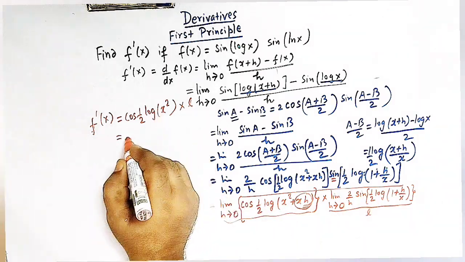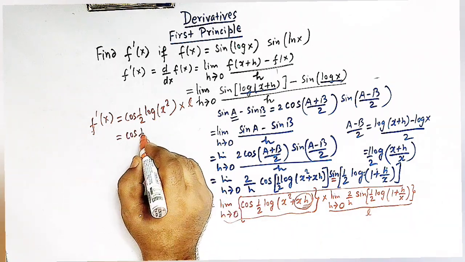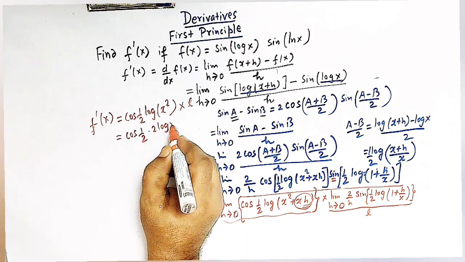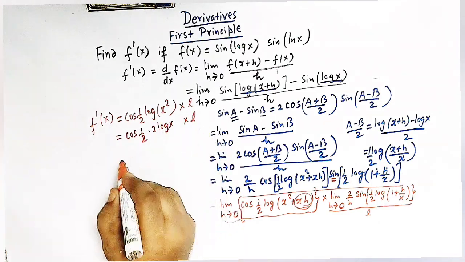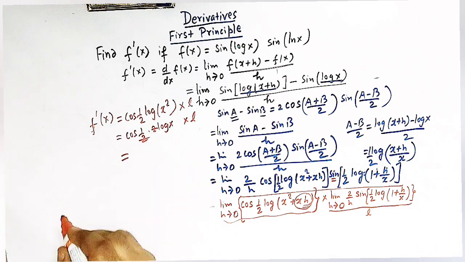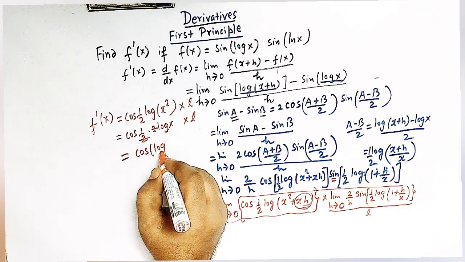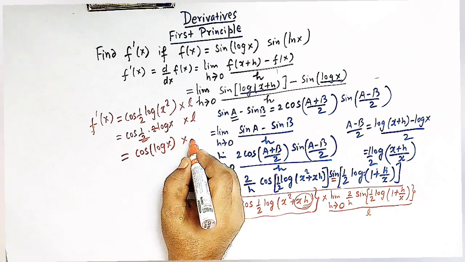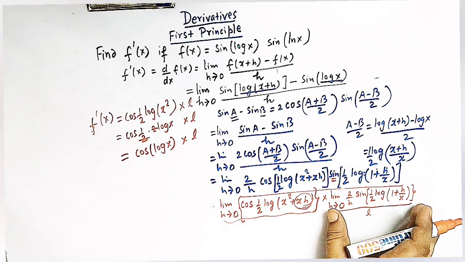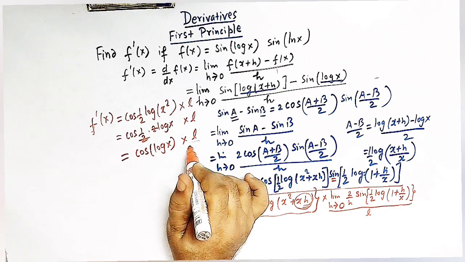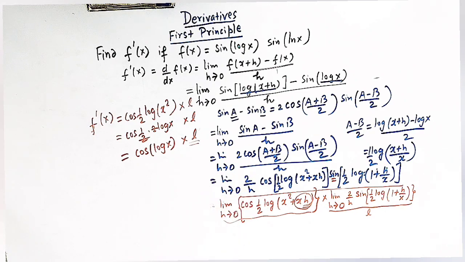So now here we have cos half, and log x square is 2 log x, times L, and here 2 and 2 get cancelled. So we are left with cos log of x multiplied with this limit, right? And now our aim is to find out the value of this limit L.